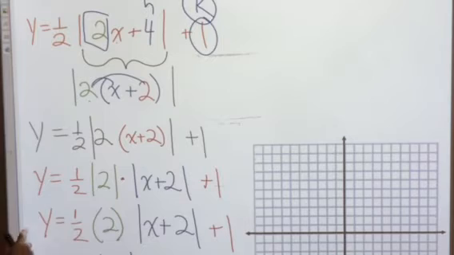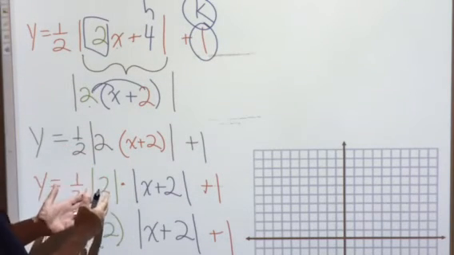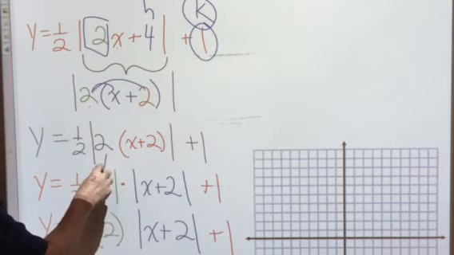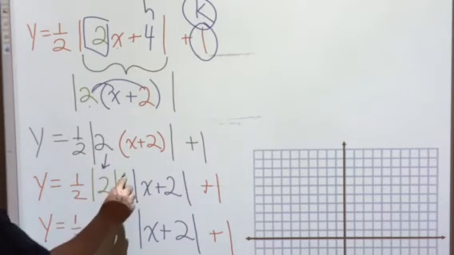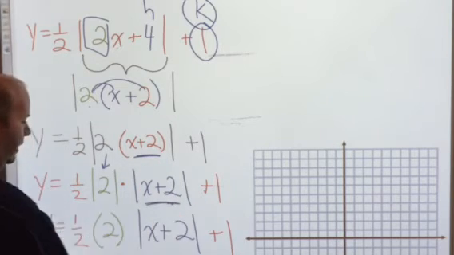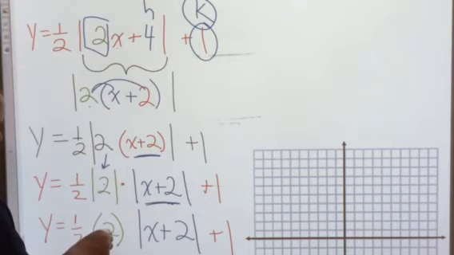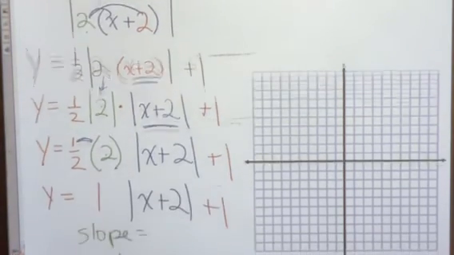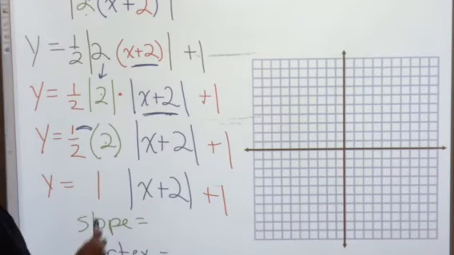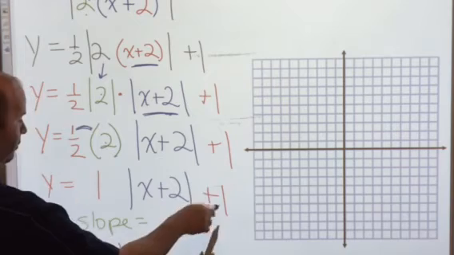Now the 2 you have to pull out of the absolute value as its own absolute value of 2. Then you have the x plus 2 here. What is the absolute value of 2? It is 2. Then you multiply the 1/2 times a 2. So 1/2 times 2 is 1. x plus 2, plus 1.